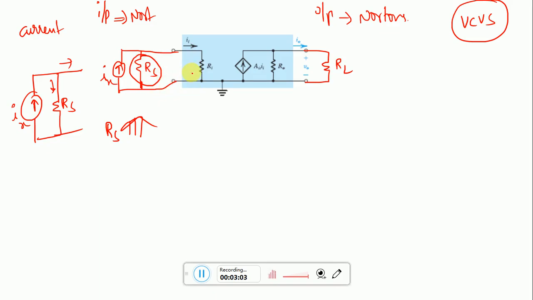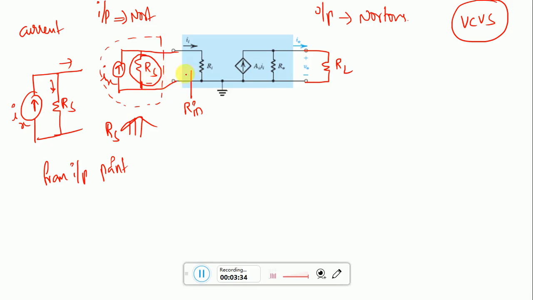But I already told you this is called as Rin, and this is called as series resistance, not shunt resistance of the source. The only thing that we can control from input point of view is this input resistance, because by default the shunt resistance is gifted to us with the source, we cannot control this. So the only thing that we can control is this input resistance.